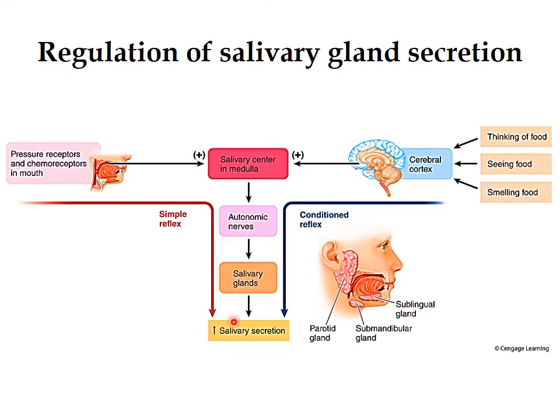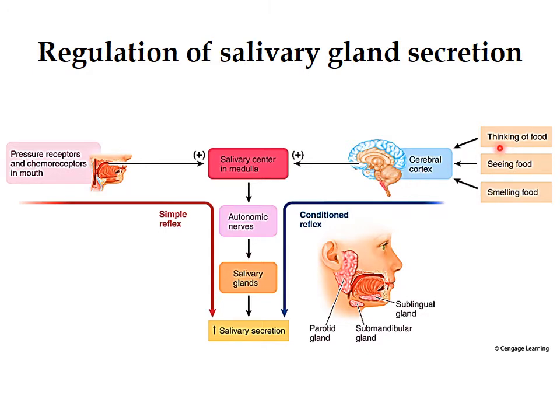So this is a kind of mechanical event where you just place the food in the mouth, it stimulates these receptors, and it causes salivary secretion. That's a simple reflex, and this happens in every individual. What about a conditioned reflex? A conditioned reflex requires higher brain control, like the cerebral cortex.